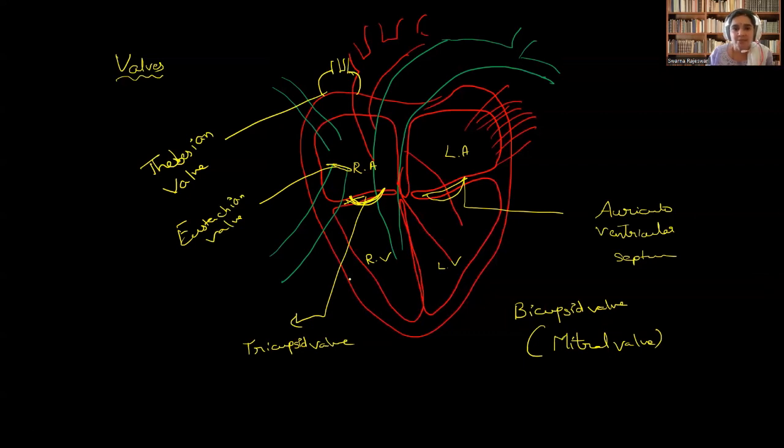So we know this is the pulmonary artery. Near the pulmonary artery, there is a semilunar valve. And even near the aorta, where the aorta is carrying the blood out of the left ventricle, there is also a semilunar valve.